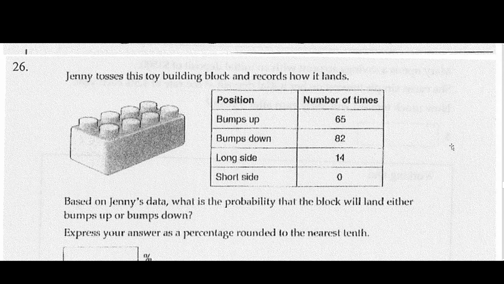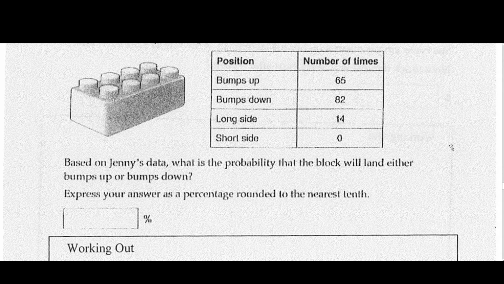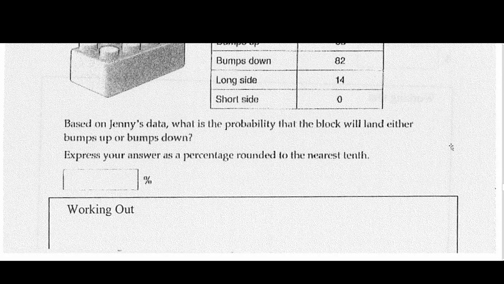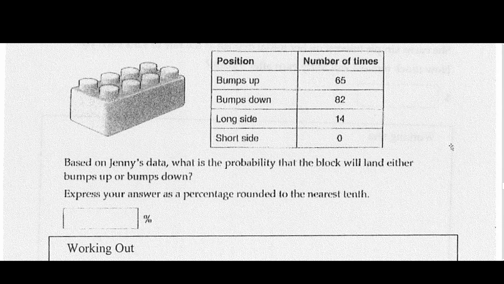Number 26. Jenny tosses this toy building block and records how it lands. Based on Jenny's data, what is the probability that the block will land either bumps up or bumps down? Express your answer as a percentage rounded to the nearest tenth. Bumps up is 65, bumps down is 82.